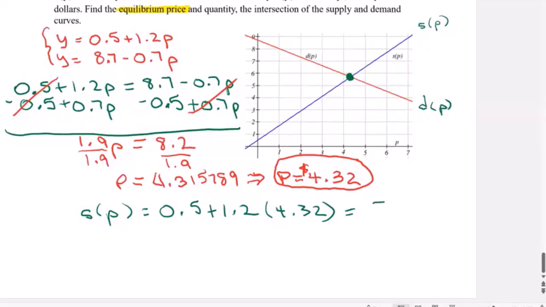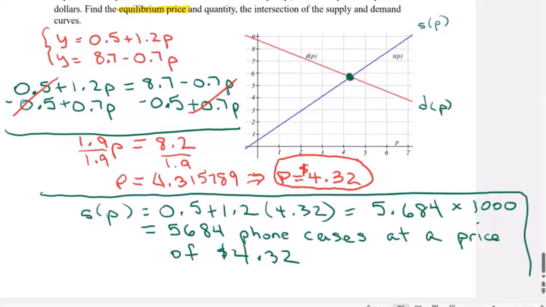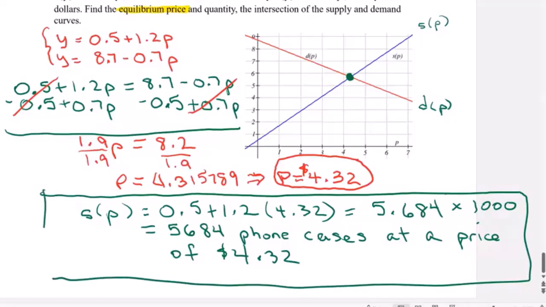This is 5.684. If I multiply this by 1,000, I'm going to get that I need to supply 5,684 phone cases at a price of $4.32. So that is basically what I need to do to find my point of equilibrium.